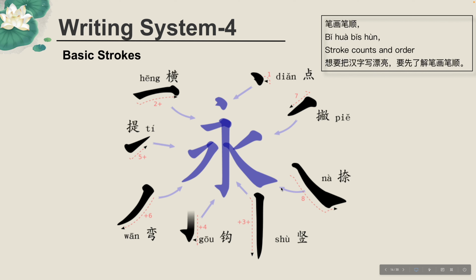Writing Chinese characters is different from writing English words. When you are writing English words, you can just write the letters one by one, but when you're actually writing Chinese characters, you need to follow the stroke ordering rules, which are from left to right, from top to bottom, horizontal before vertical, from outside to inside, middle, then two sides.